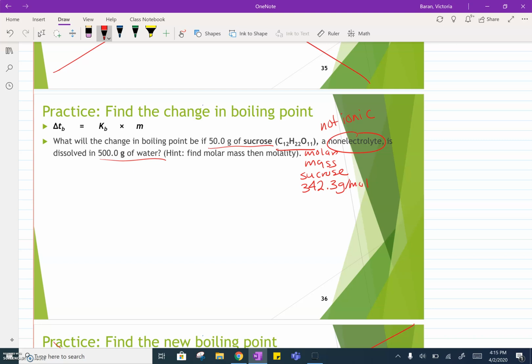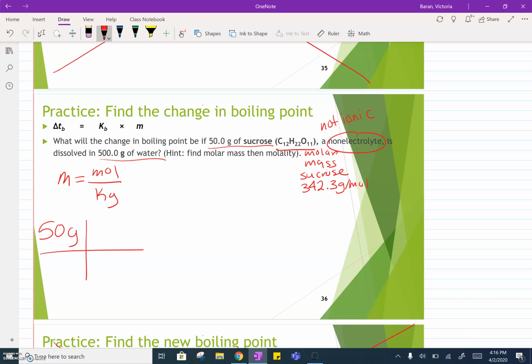So the first thing we're going to do is find m, which is molality, moles over kilograms. Again, we don't have to find i this time because it is a non-electrolyte. To find moles of the solute, we have to take those 50 grams of sucrose. That is your solute.